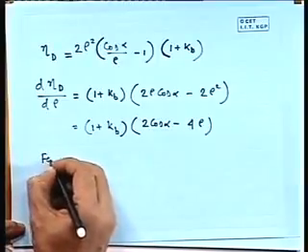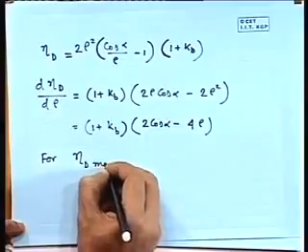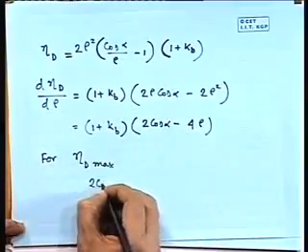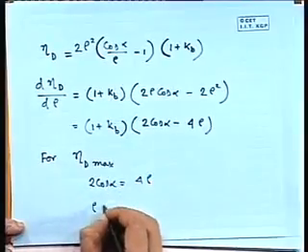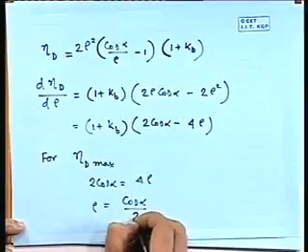So, for eta d max, we will have twice cos of alpha is equal to 4 rho, or rho is equal to cos of alpha by 2.